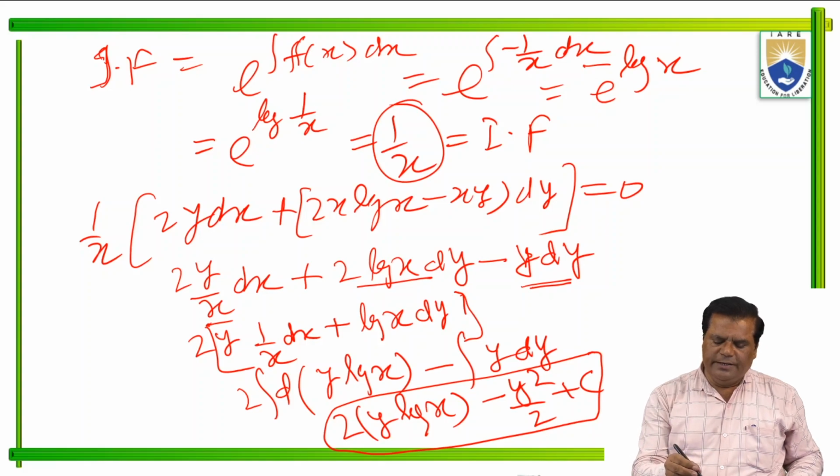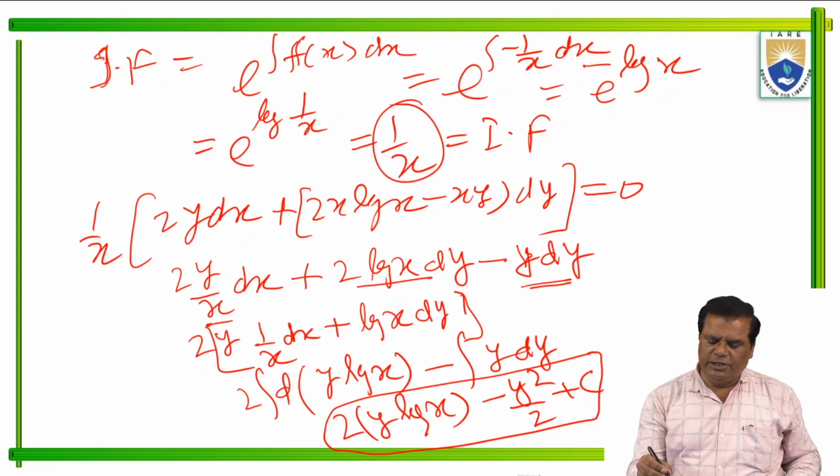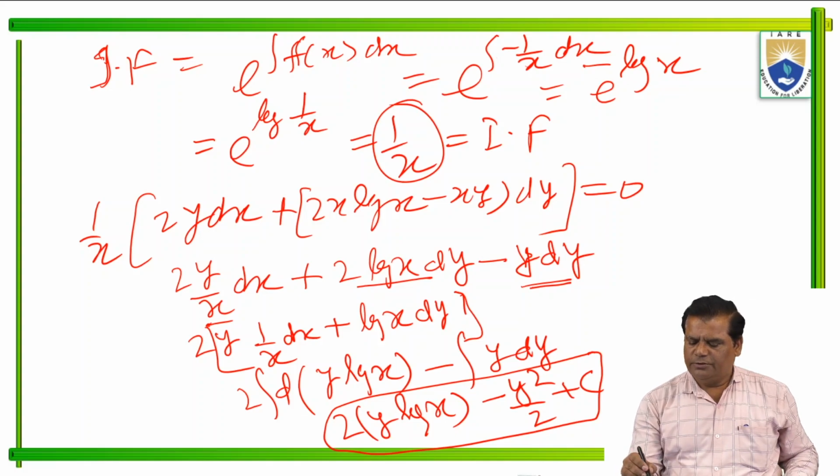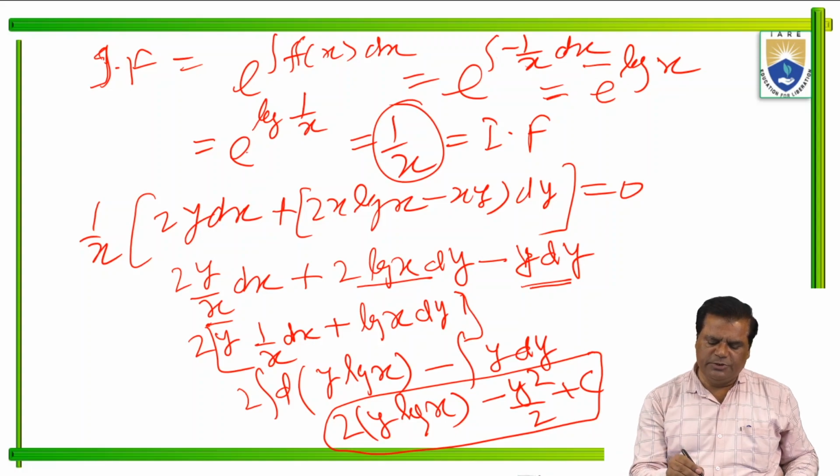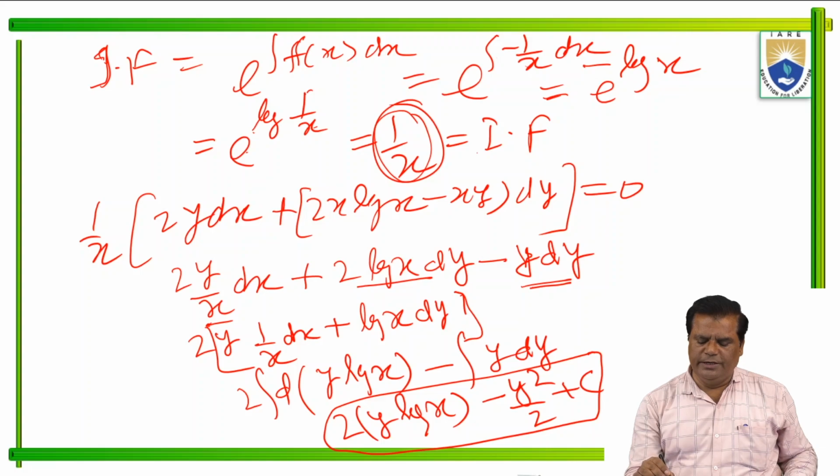Now the integrating factor is e to the power integration of f(x) dx. What is f(x)? f(x) is minus 1 upon x dx. So this is e to the power minus log x, which means e to the power log 1 upon x. So this is 1 upon x only, the integrating factor is 1 upon x.